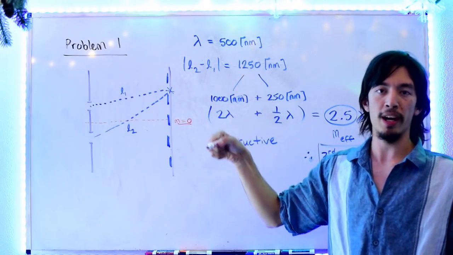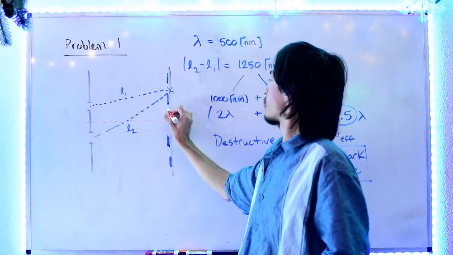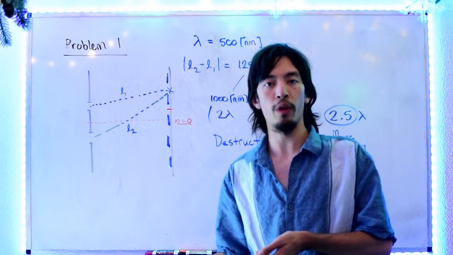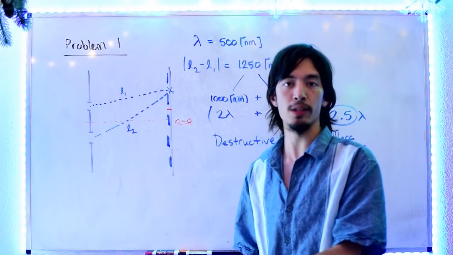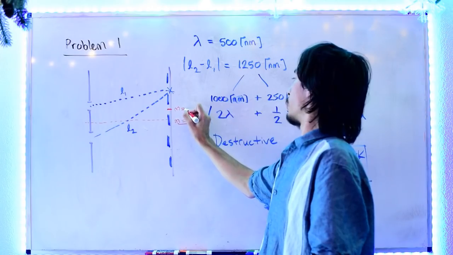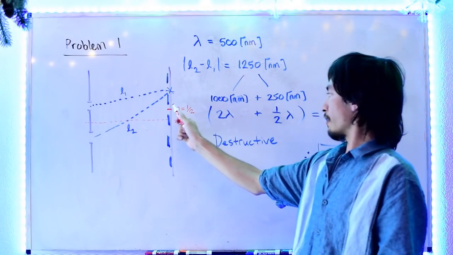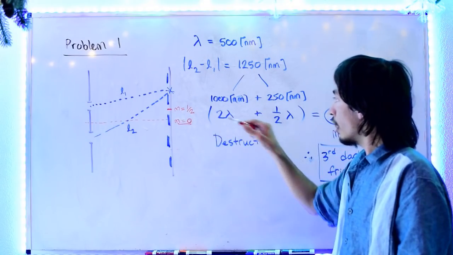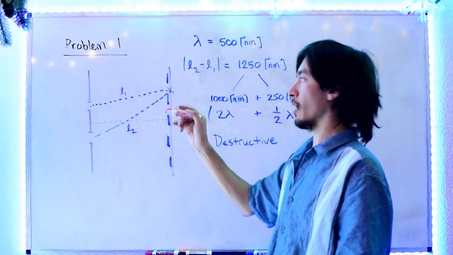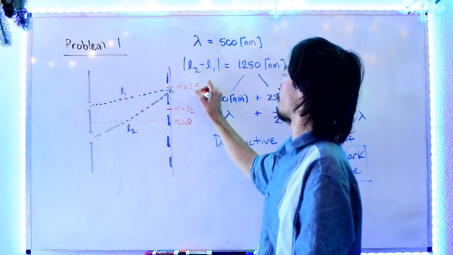For all the dark spots, it's everything in between. So all I'm saying here is that for this first dark spot, because we know it's a dark spot, it has to be half a wavelength out of phase with the other path. So the m value is effectively a half. Given that, and we know that each successive one will be an extra wavelength, the second dark spot will be m equals 1.5 effectively.